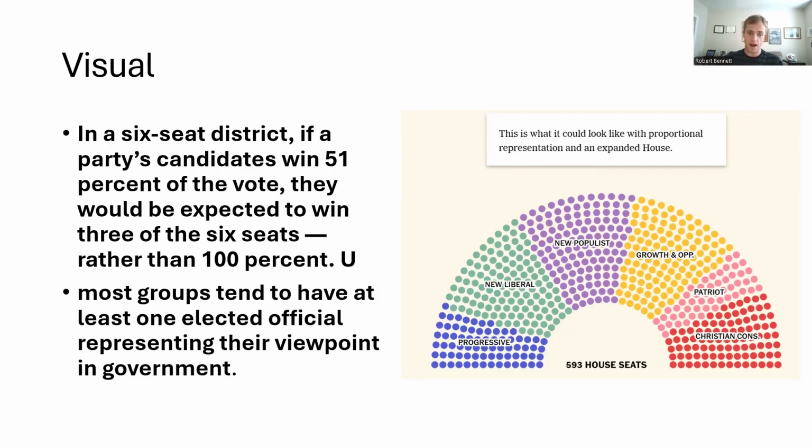And the result is that most groups tend to have at least one elected official representing their viewpoint in government. Now, I did include this visual of more House seats and different types of parties. You got things like New Liberal, Patriot, Growth and Opportunity Party. This really is just an illustration of how it could work. These don't have to be the parties.